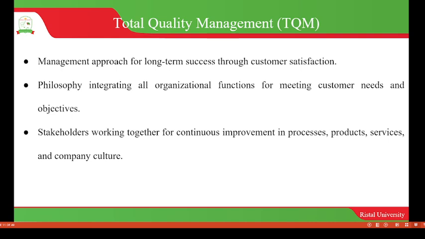So it is the role of these stakeholders to ensure that there is always improvement in these areas of processes, products, services, and company culture.